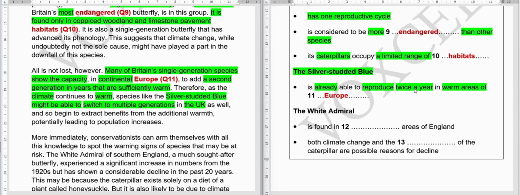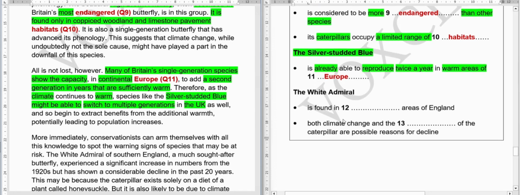UK cannot be the answer because it's in the future, might be able to, but the question is saying already. If the question had said is capable of reproducing or may be capable of reproducing, then the answer could have been UK. But it is already, meaning happening right now at present. So at present it is in continental Europe. I hope it is clear.